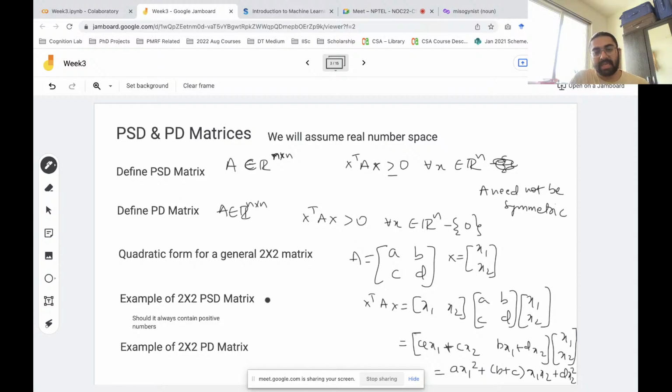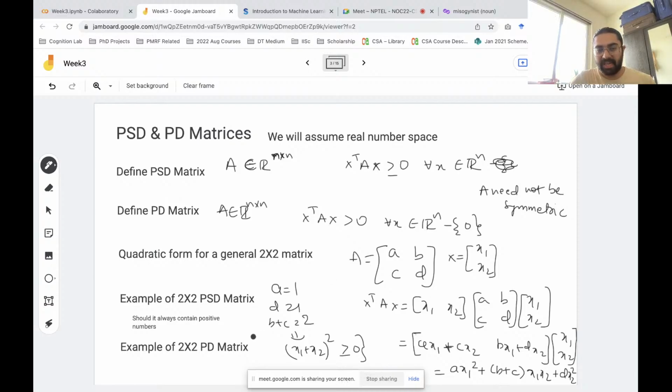So if I set a equal to 1, d equal to 1, and b plus c equal to 2, then x transpose Ax would become (x1 plus x2) the whole square, which is always greater than or equal to 0. In this way you can construct some examples for your PSD and PD matrices.